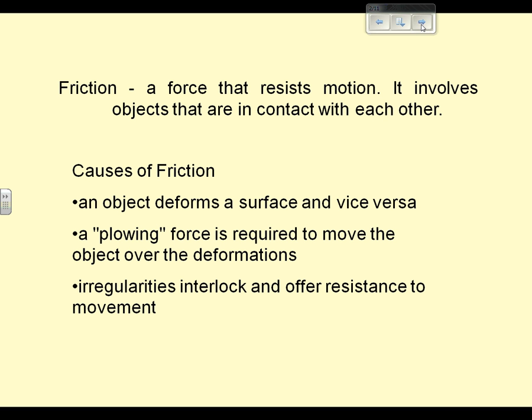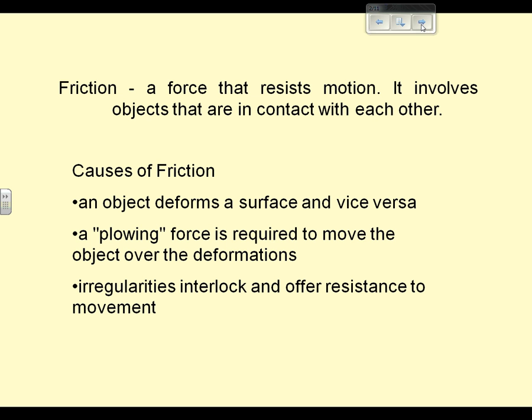Okay, so some causes of friction. Now, I've done a little bit of reading on friction. It turns out that there's some controversy about friction. There's still some uncertainties about friction. They're not really sure if they know everything about it. So first of all, one thinking is that the object actually deforms the surface and vice versa.